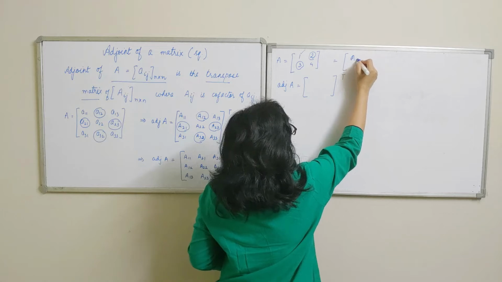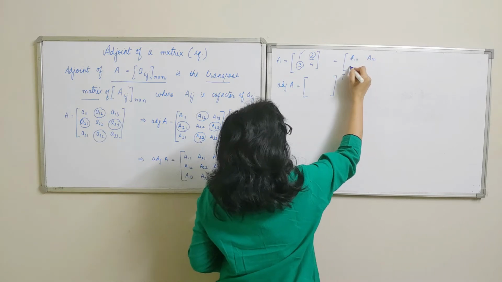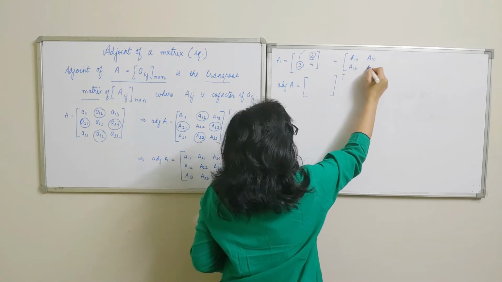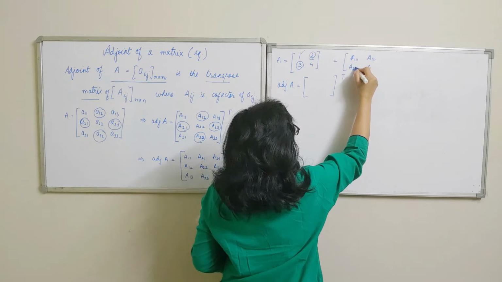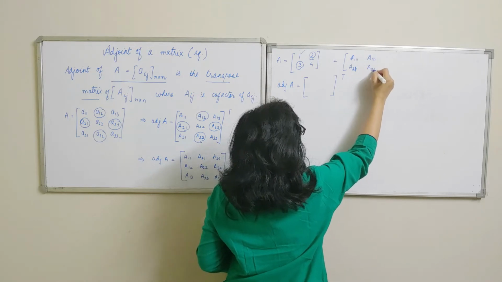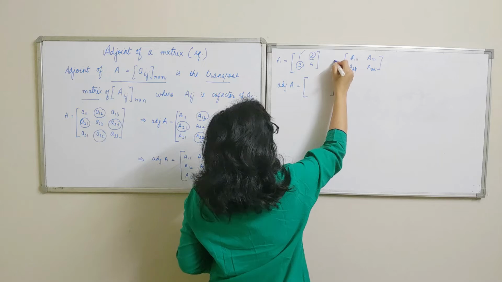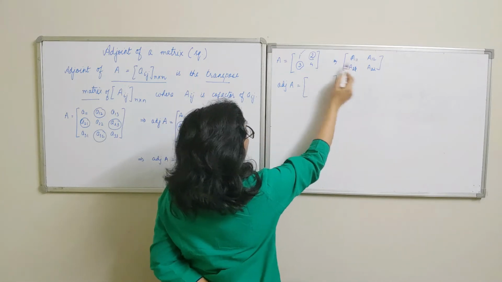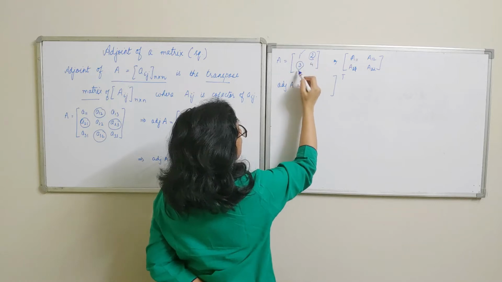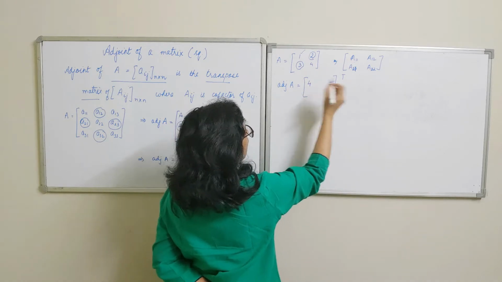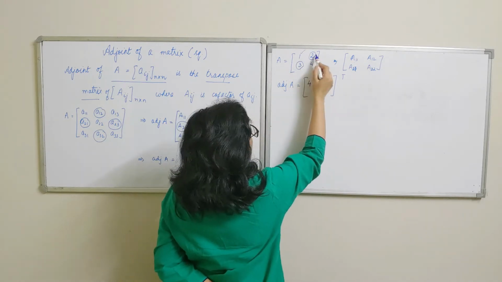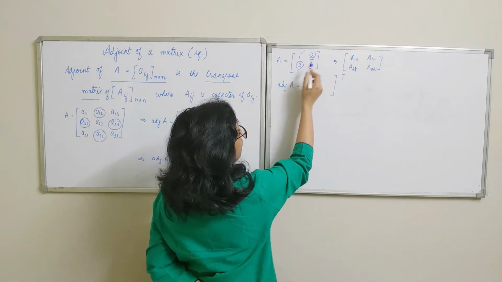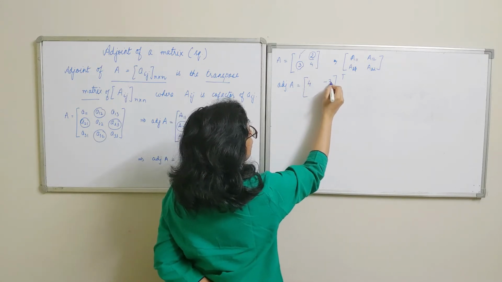The cofactors are A11, A12, A21. This is A22. So this is what we are going to find out here, right? So cofactor means delete first row, first column, you obtain 4. For this cofactor, delete first row, second column, you obtain 3 because it is a special element, it will change its sign.